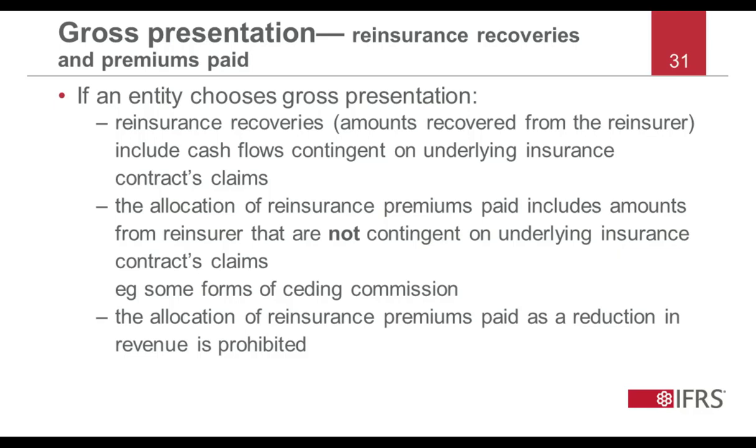And it should treat amounts it expects to receive that are not contingent on claims from the underlying contracts as a reduction in premium to be paid to the reinsurer. For example, some forms of ceding commission. An entity is prohibited from presenting the allocation of reinsurance premiums paid as a reduction in revenue.